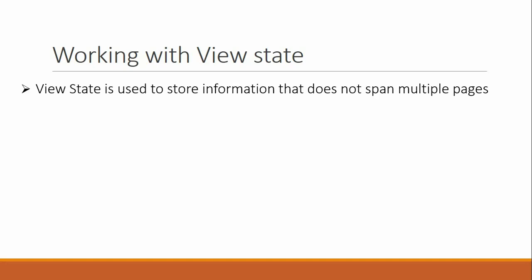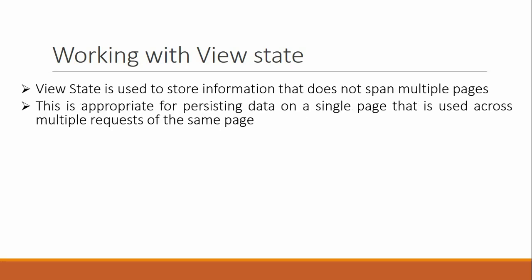That's what I've been telling so far. View state is used to store information that does not span multiple pages, which means view state is for a single page, only for a particular page. That's all. And this is appropriate for persisting data on a single page that is used for multiple requests of the same page. All right, remember this. That's important.